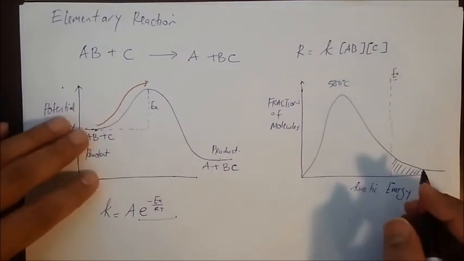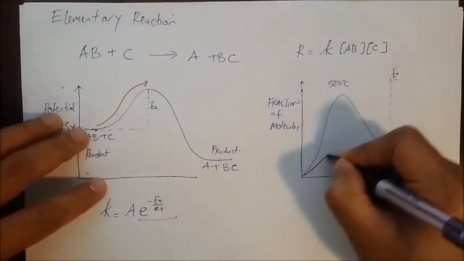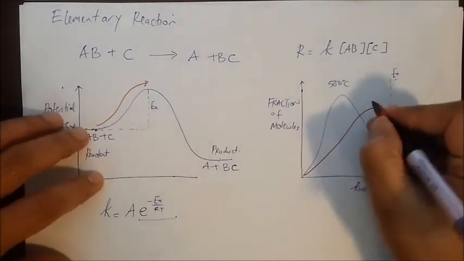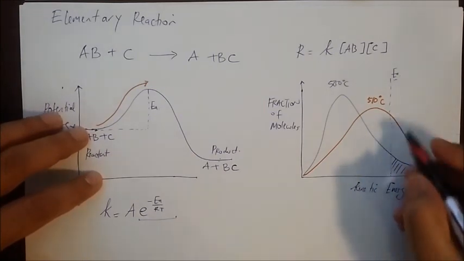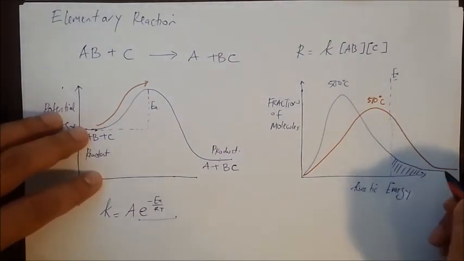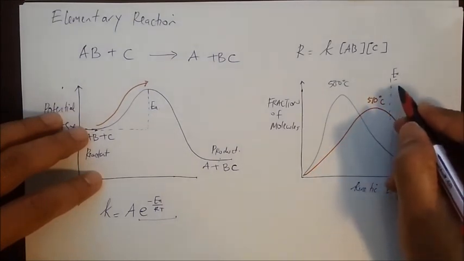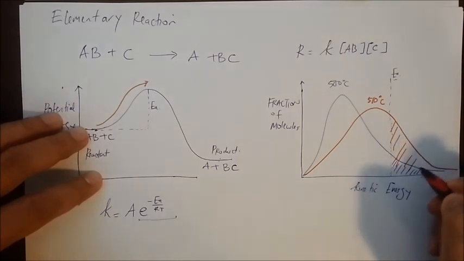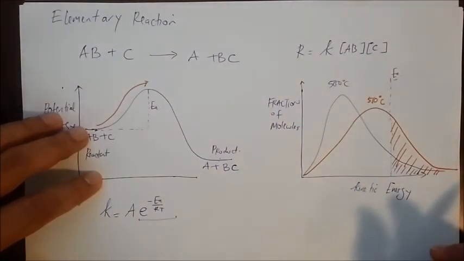So when you increase the temperature, let's say to 510 degrees, then the number of molecules of the reactant that have energy higher than EA will be the area under the curve, which means it's much more than the one at 500 degrees, right?